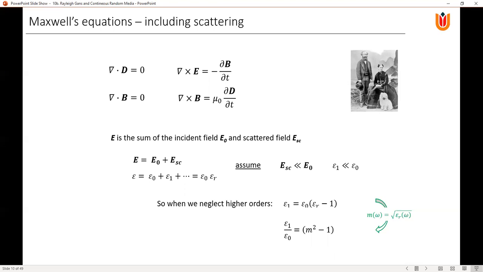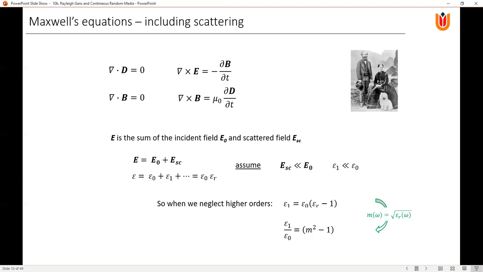That will be the sum of the non-interacting incident light and the scattered light. One key assumption here is that the response is very small in amplitude: the scattered field amplitude is going to be much less than the incident field.